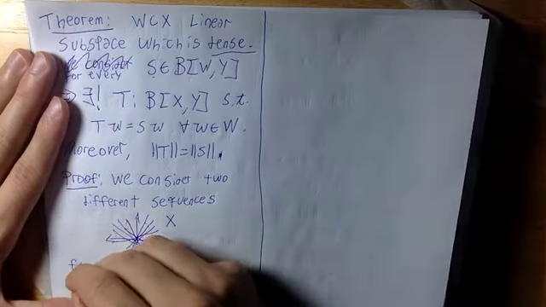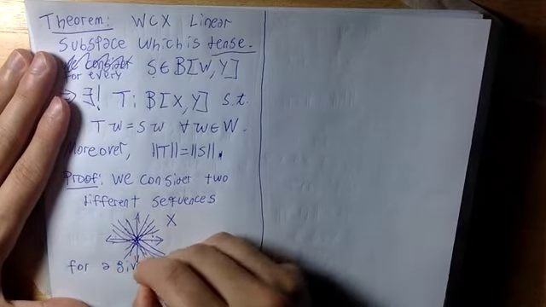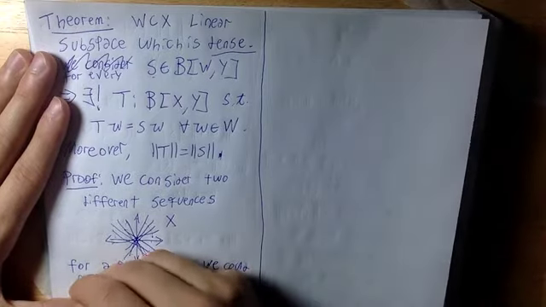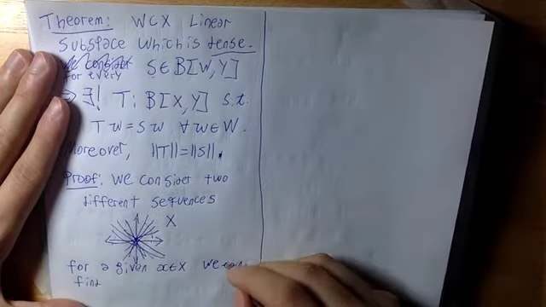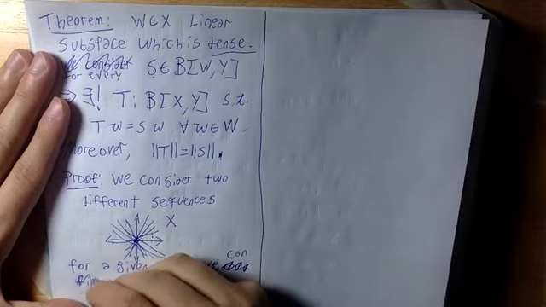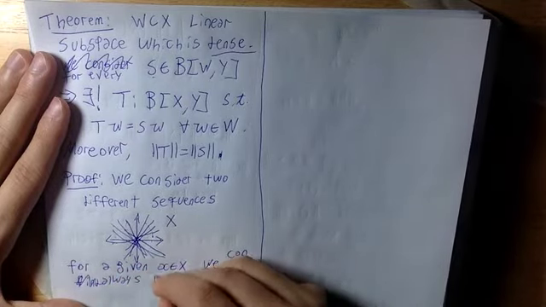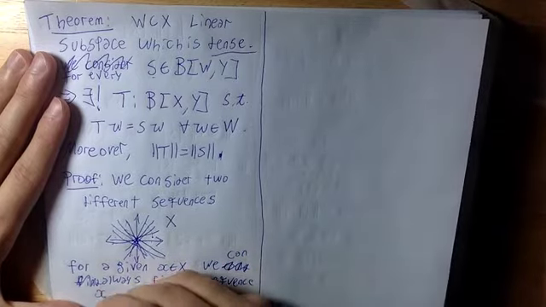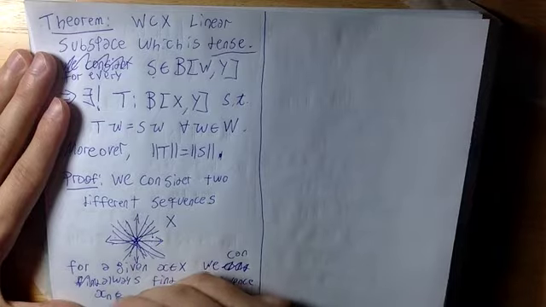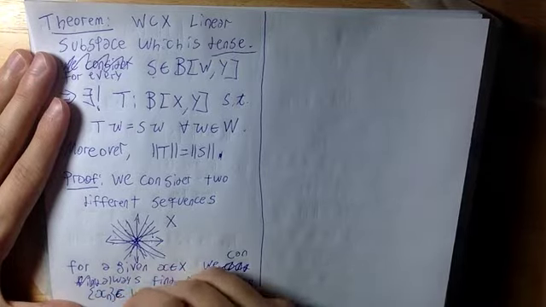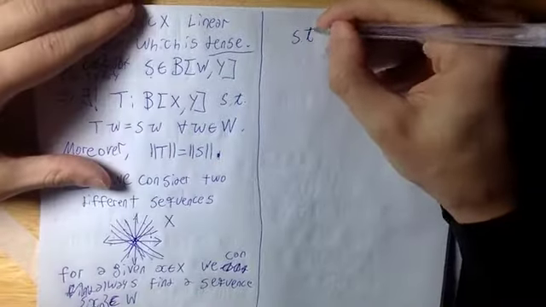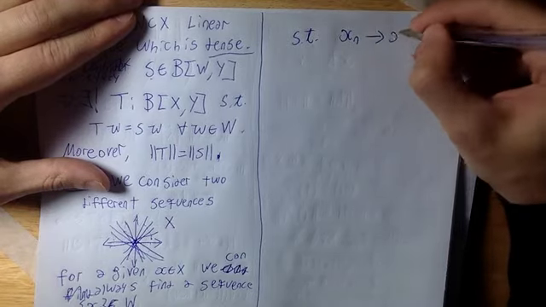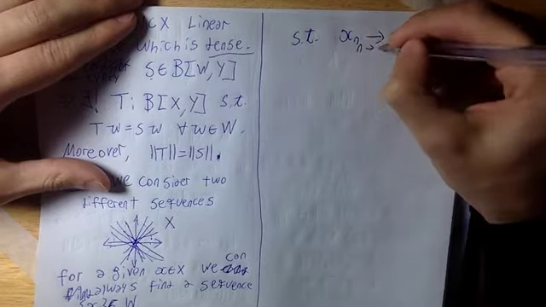So for a given x in X, we can always find a sequence xn, which is contained in W, such that xn converges to x when n goes to infinity.